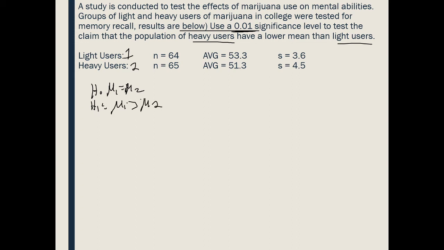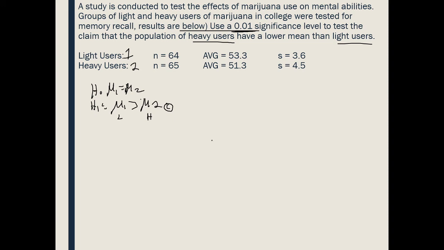The light users have a higher average than the heavy users because we want to see if the heavy users have a lower average than the light. So I set this up correctly here in terms of the orientation. So remember, this is light users, this is heavy users, put a little marking there. And again, this is going to be my claim: is there a difference in favor towards the light users of marijuana compared to the heavy users?